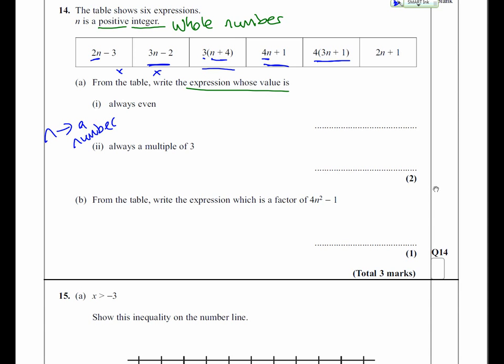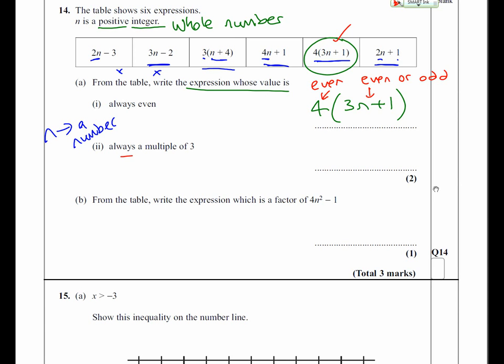And the last one, 2n plus 1, so that's even plus another number gives you odd. So actually, if you didn't do any more working out, from a process of elimination it would be 4(3n plus 1). But hopefully you can see that this is even, and an even times even or odd is always going to be even. Okay, so that's the one that you want.